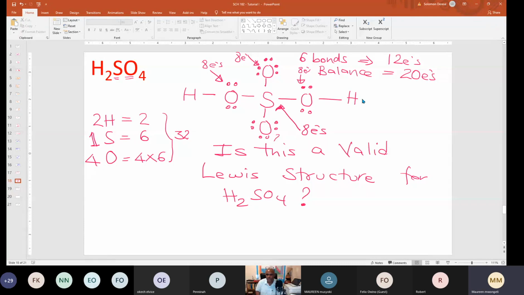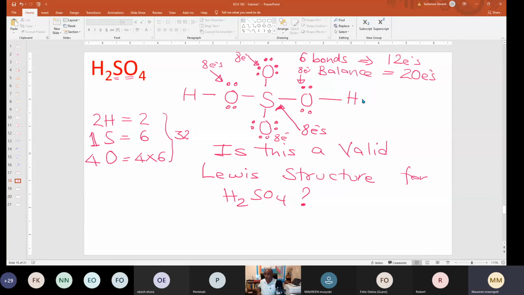Is there any element in here that does not have an octet of electrons? No. They are all filled. So is this a valid Lewis structure? Yes. Is this the structure for sulfuric acid? No. Yes. Why are some of you saying no, others saying yes?